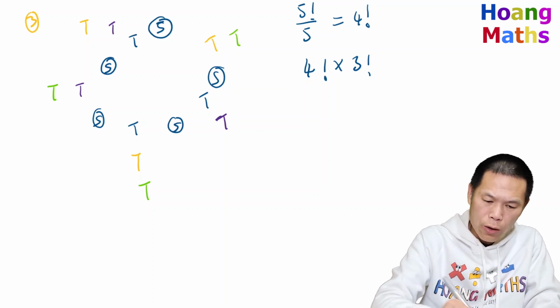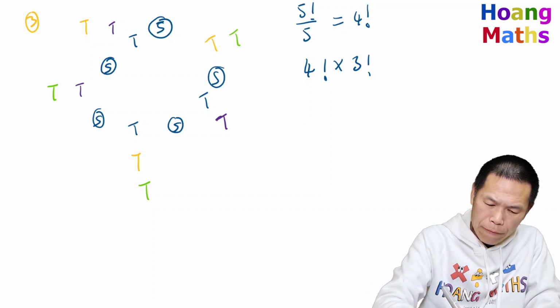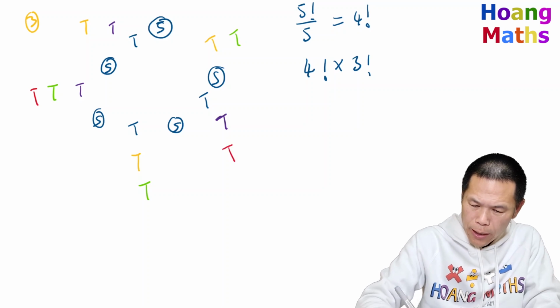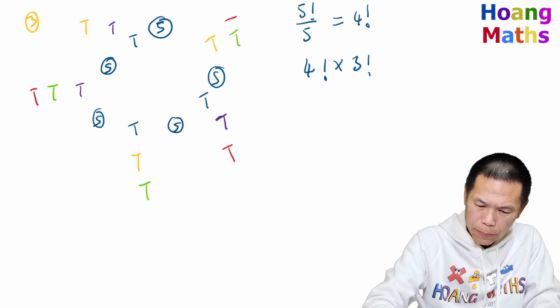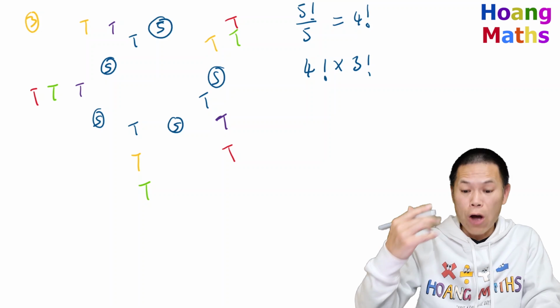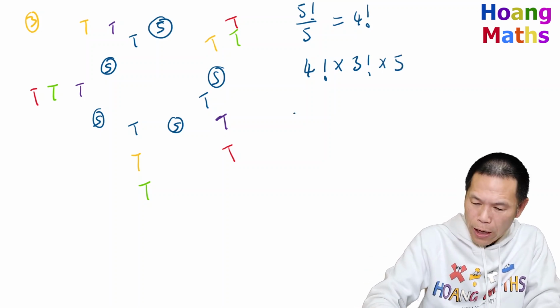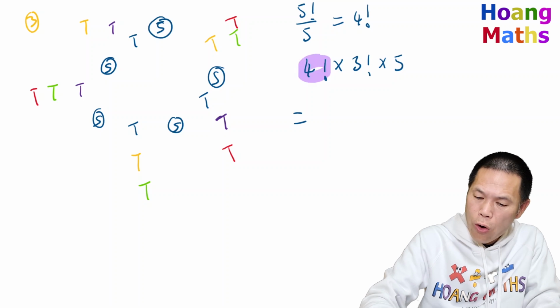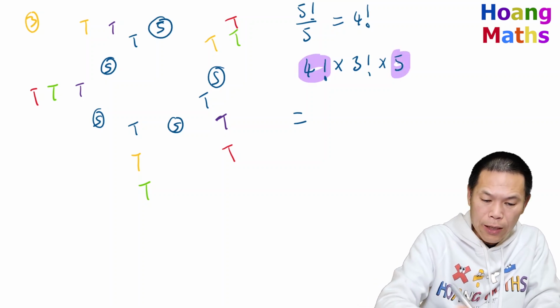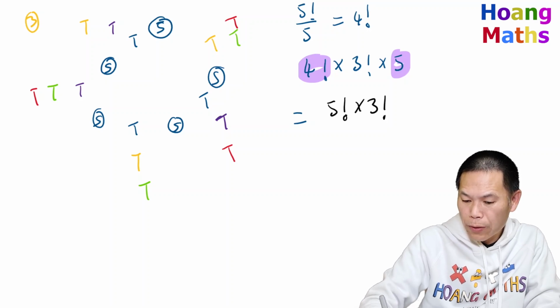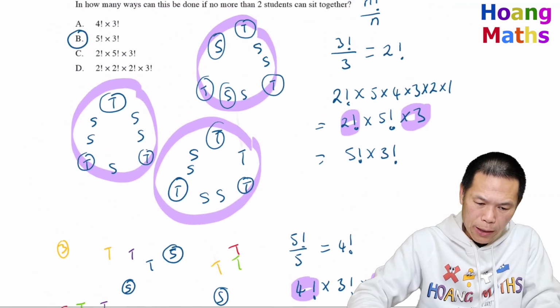That's 4. And we can have a teacher here, a teacher here, and a teacher here. So that is 5 options, which is times by 5. Therefore, 4 factorial times 5 gives me 5 factorial, and times 3. So the answer is B.